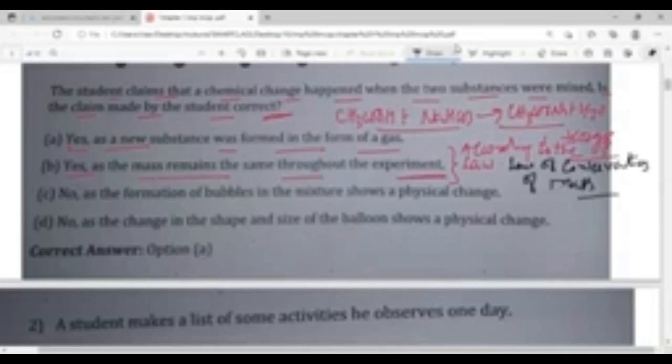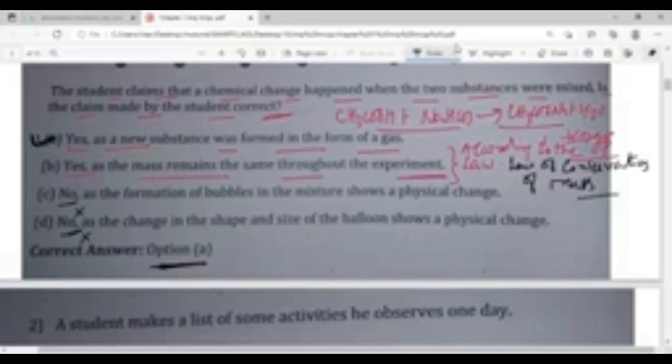But the law of conservation of mass doesn't have anything to relate with chemical change or physical change. And when they say no, that means they are the wrong options, because it was definitely a chemical change. Thus, my dear students, the correct option is option A. Yes, a new substance is formed, and that is why it is a chemical change.